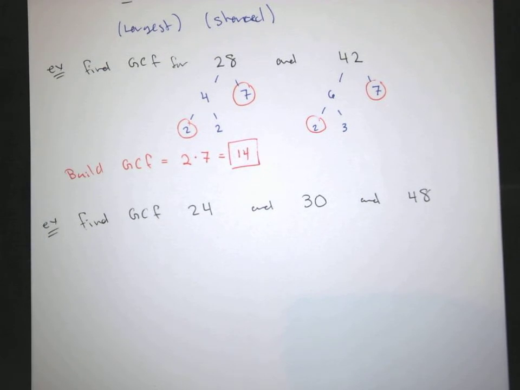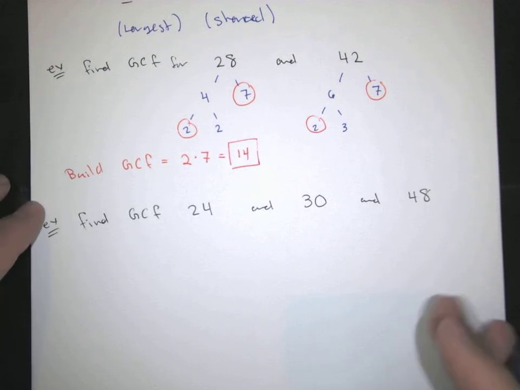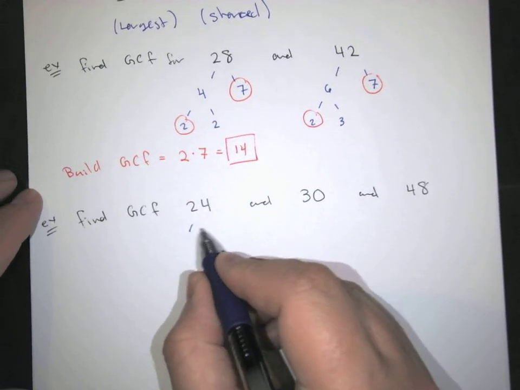What we're going to do is the same thing we just did: break down all of these values, and then look for any overlap across all 3 of these numbers. So to be a GCF for 3 values, it means you have to have numbers that show up in all 3 things. So we'll break it down.